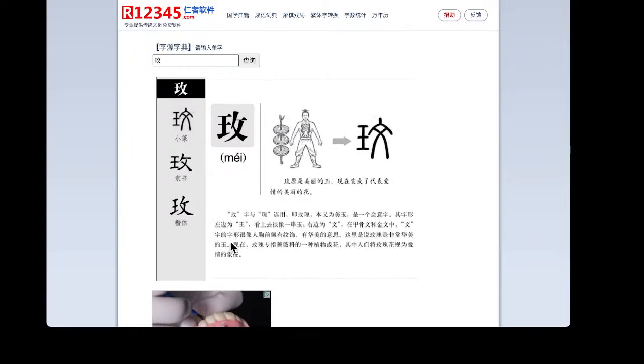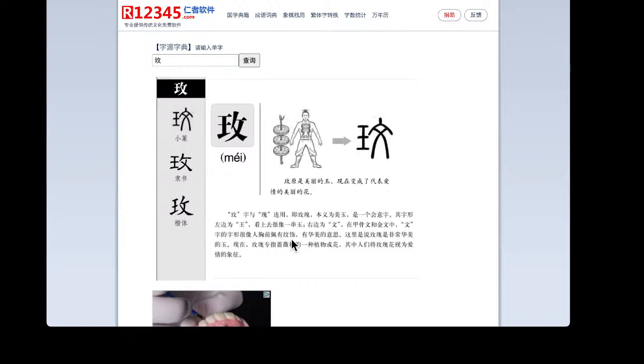And then on the right-hand side is the character 文, and 文 has the meaning of 纹身, which is tattoo on the body. Together with jade, it means something that is beautiful.